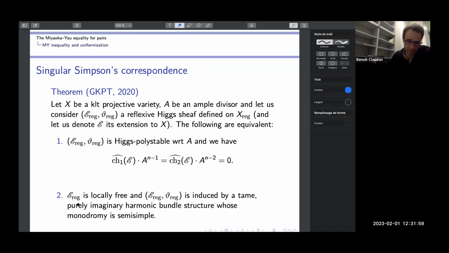And this is equivalent to E-reg being locally free, and this bundle being induced by a so-called purely imaginary harmonic bundle structure, whose monodromy is semi-simple. So essentially, it relies on works by Mochizuki.